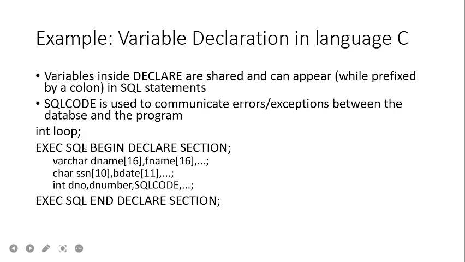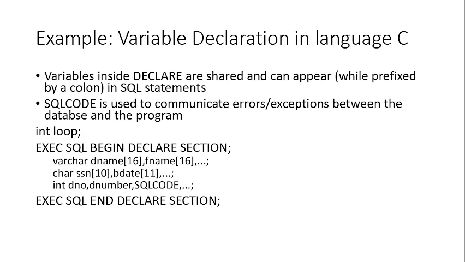These lines correspond to the attributes of the EMPLOYEE and DEPARTMENT tables from the company database, such as Dname, Fname, Ssn, Bdate, etc. And we have integer variables, and then int SQLCODE.